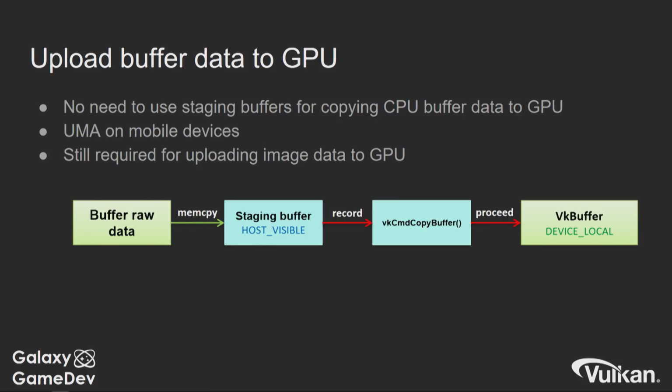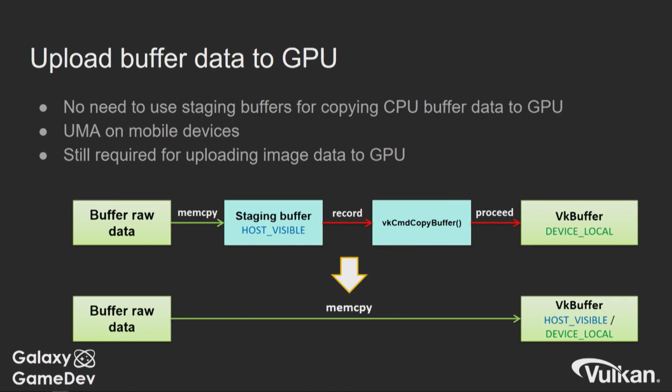Later, you record a copy command, and after processing this command, you finally get your data on the GPU. But on mobile, we have unified memory access, so this is an unnecessary step. You can just directly copy your data to the GPU, and you can skip double copying in such a situation.